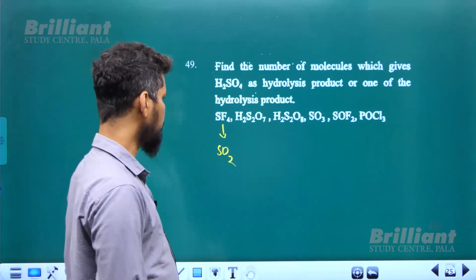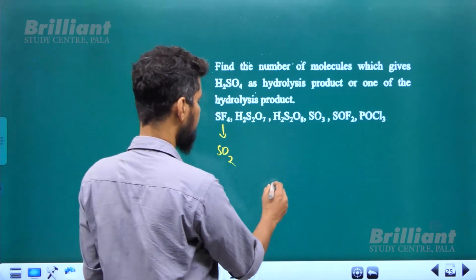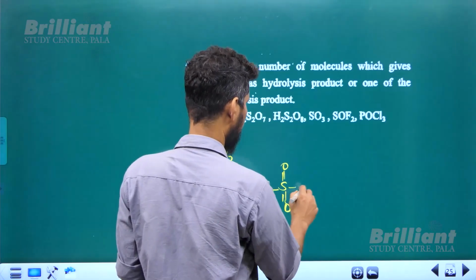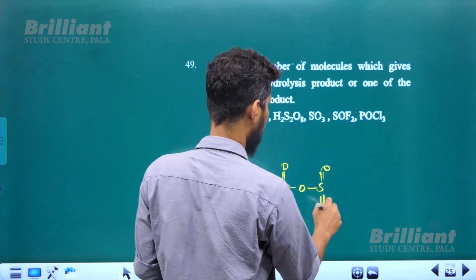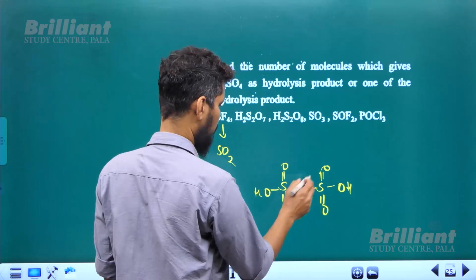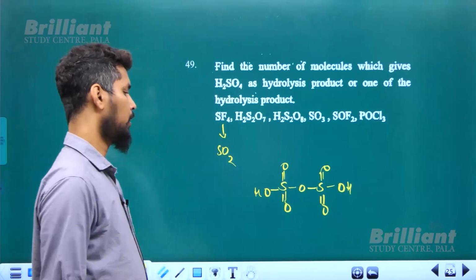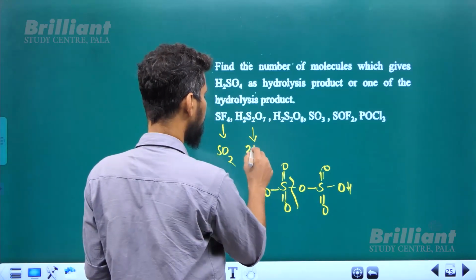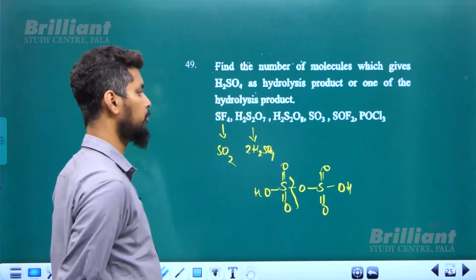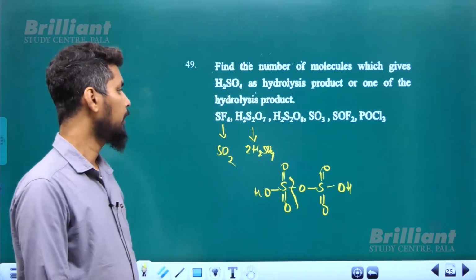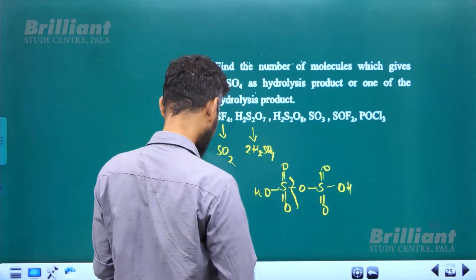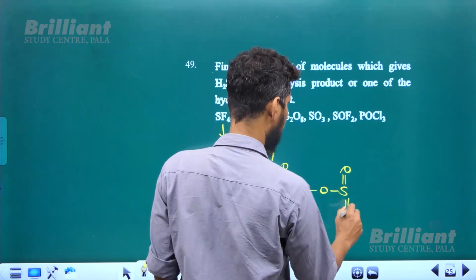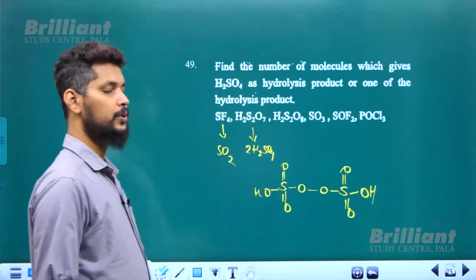H2S2O7: if you are hydrolyzing, it will get converted into 2 H2SO4 molecules. So H2S2O7 will give H2SO4. Now H2S2O8 is this one.